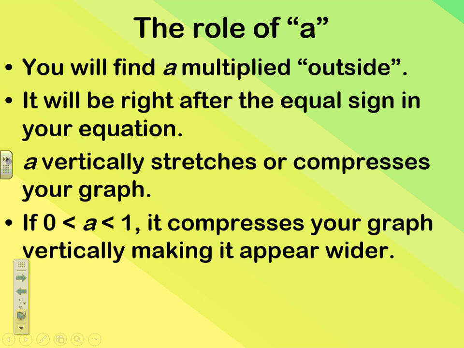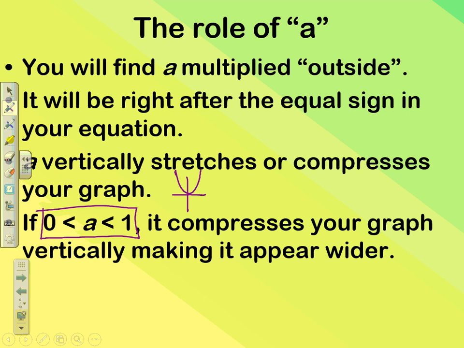If a is a negative number, it will cause it to reflect over the x-axis. And what we're seeing here is that if a is a fraction between 0 and 1, that would cause it to compress, meaning that maybe where before it looked kind of something like this, and now it looks something like this, where it literally just squishes it down some.